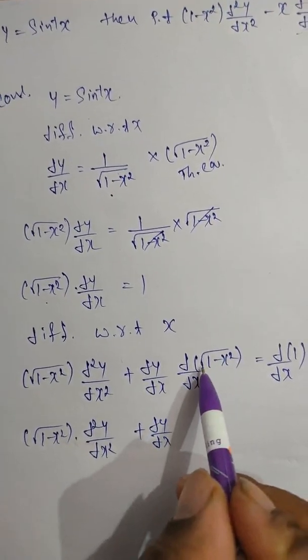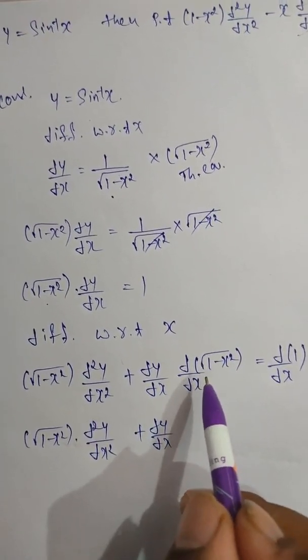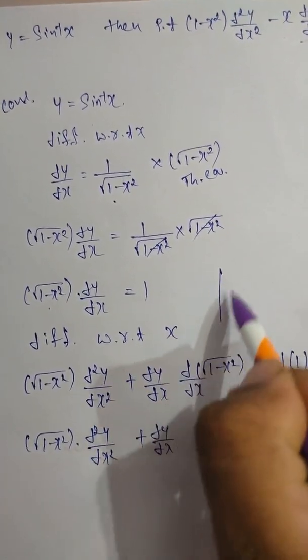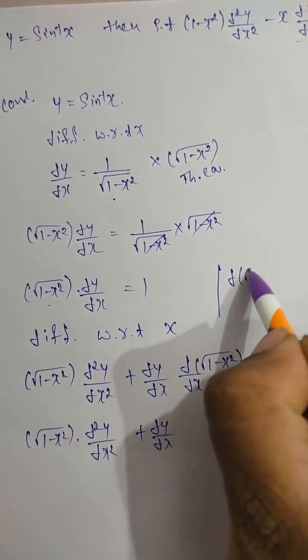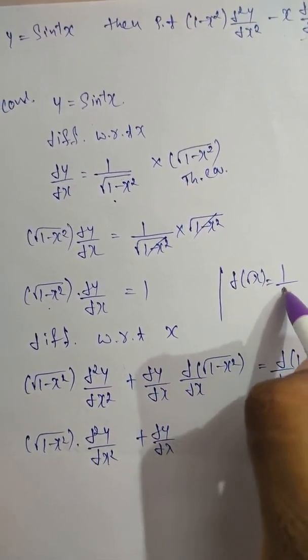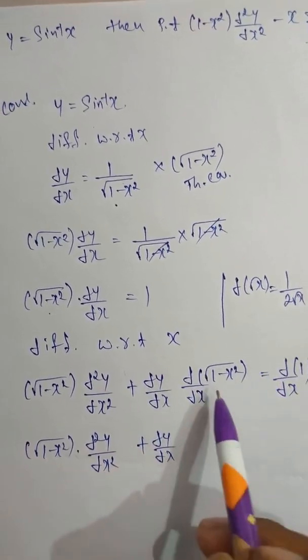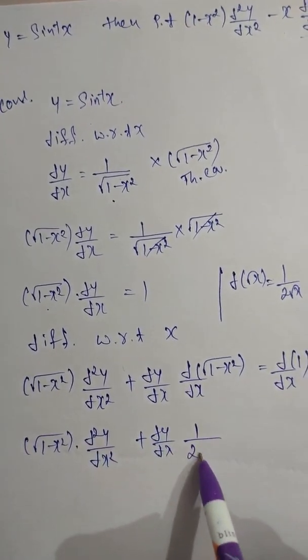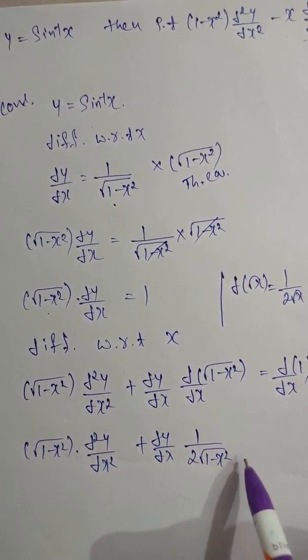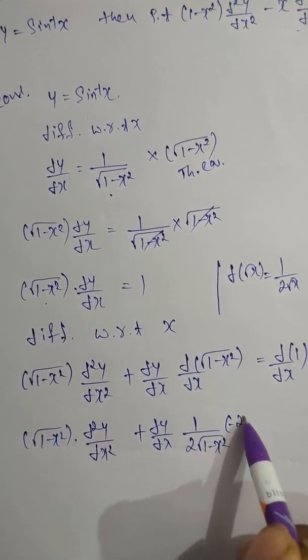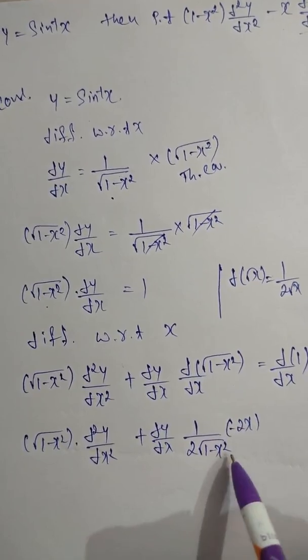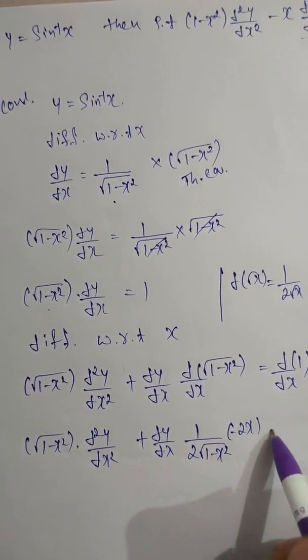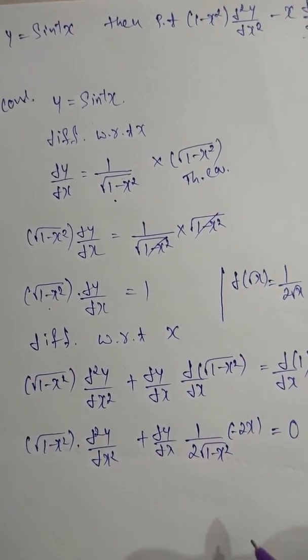What is the differentiation of root? We know the differentiation of root x is 1 by 2 root x. The differentiation of root of 1 minus x square is 1 by 2 root of 1 minus x square. Again, the differentiation of 1 minus x square is minus 2x. The differentiation of 1 is 0. The differentiation of minus x square is minus 2x.